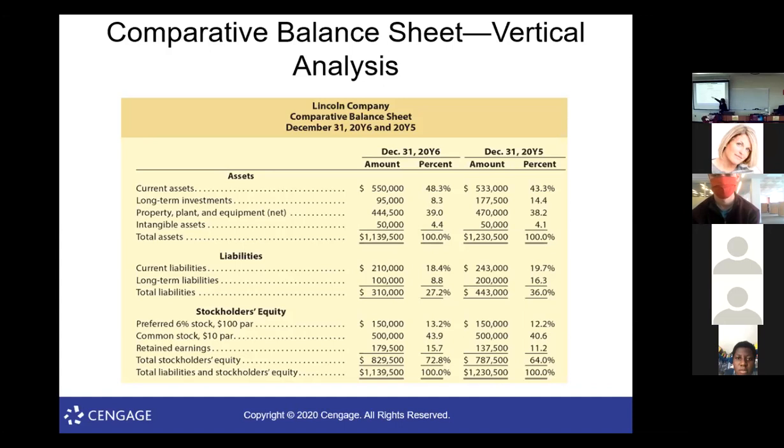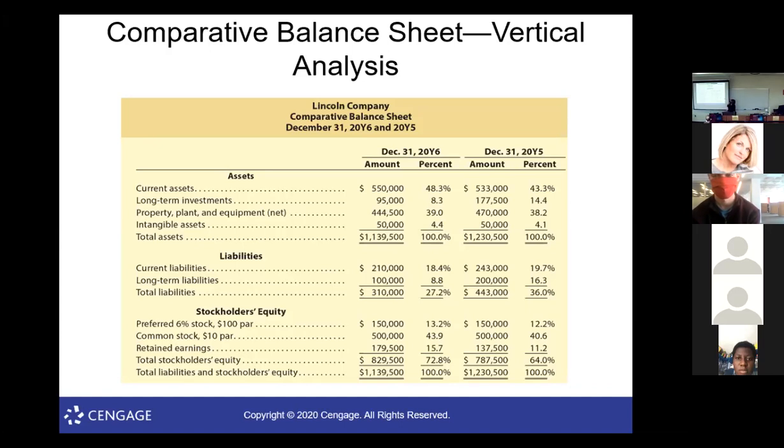When we get down to liabilities and equity, every amount is presented as a percentage of total liabilities and stockholders' equity, which is the same as total assets, as we know. So current liabilities, 210,000 as a percentage of 1,139,500 gives us 18.4%, meaning that current liabilities represent 18.4% of total liabilities and stockholders' equity.